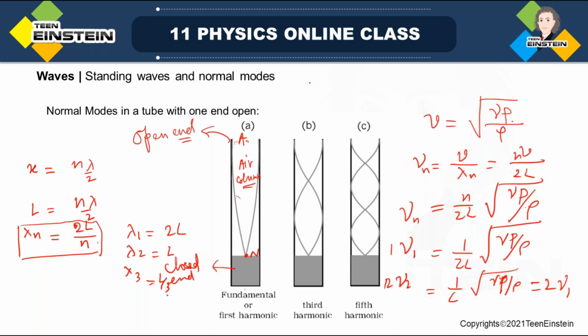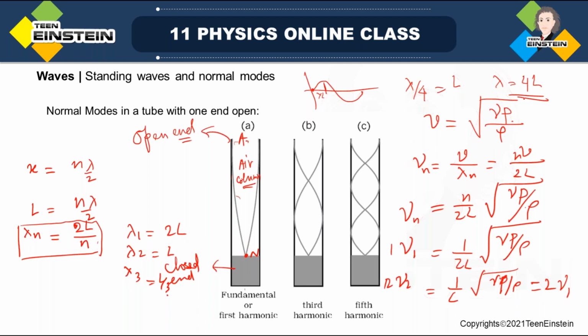So between one node and an antinode you will have lambda by 4. So lambda by 4 has to be equal to l, or lambda has to be 4L in this case. Okay, lambda has to be 4L.